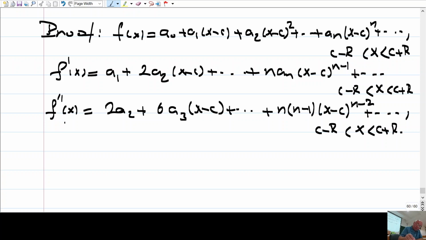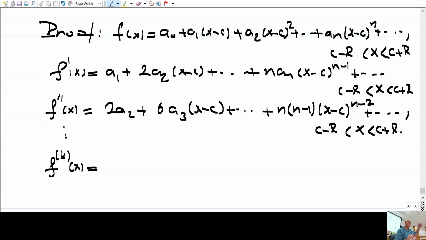And if you keep doing this, what is the kth derivative? The zeroth derivative starts with a0, since zero derivative means you don't take the derivative. The first derivative starts with a1, then a2, a3 and so on. And what is the coefficient here?